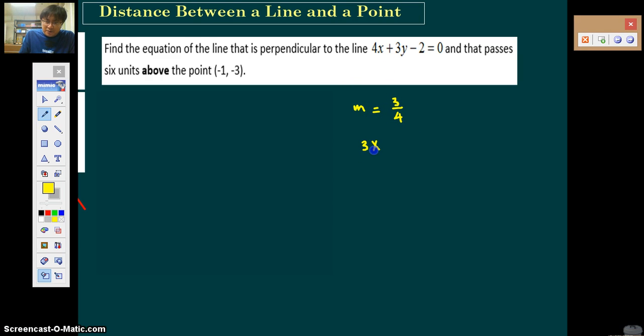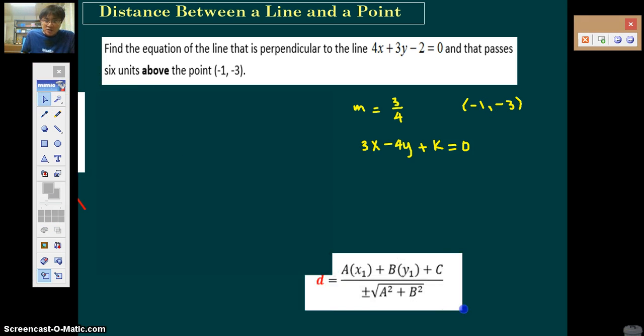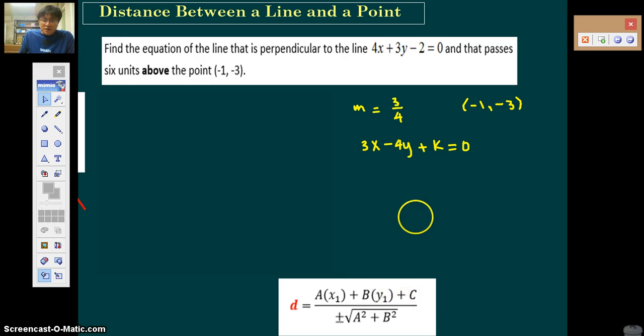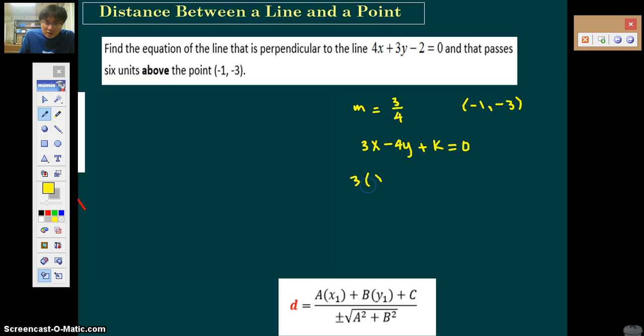It belongs to the family 3x minus 4y plus k is 0. And then this time, the given point, negative 1, negative 3, is our x sub 1, y sub 1. Again, setting up the distance between the line and the point, you have here 3 times our x1, which is negative 1, minus 4 times y1, that's negative 3, plus k, all over plus or minus the square root of a squared plus b squared.